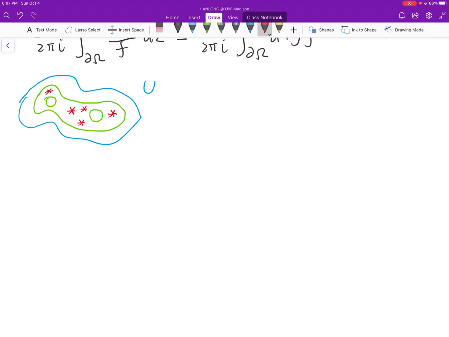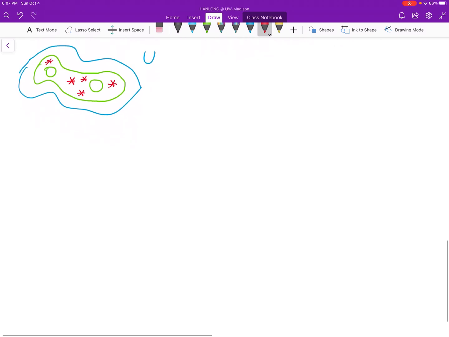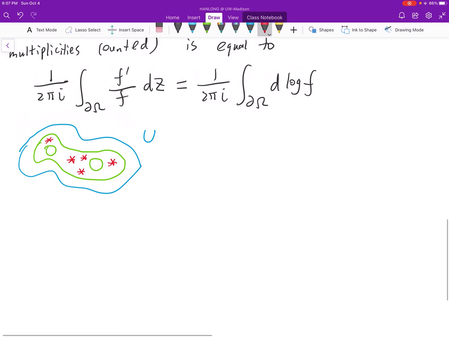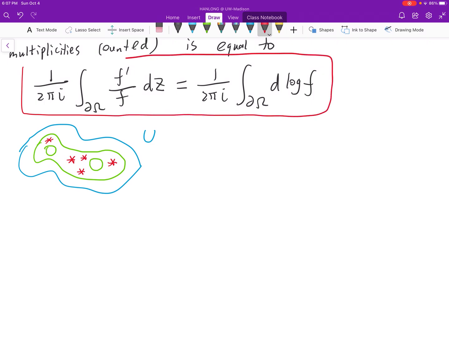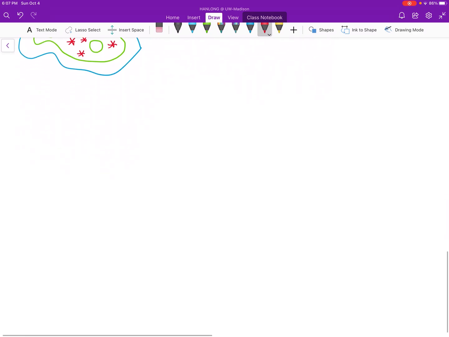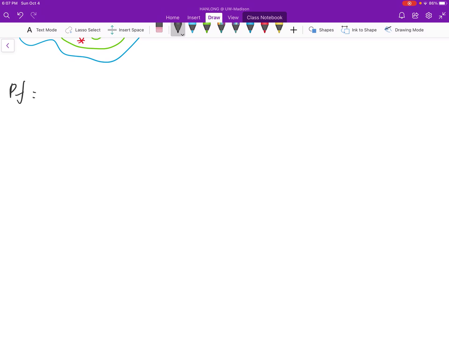A natural question is, how many zero points do you have inside omega? Then the answer is that the number is equal to the integral. Later on we will give some geometric explanation. Here we first prove this. It's just a one line proof.